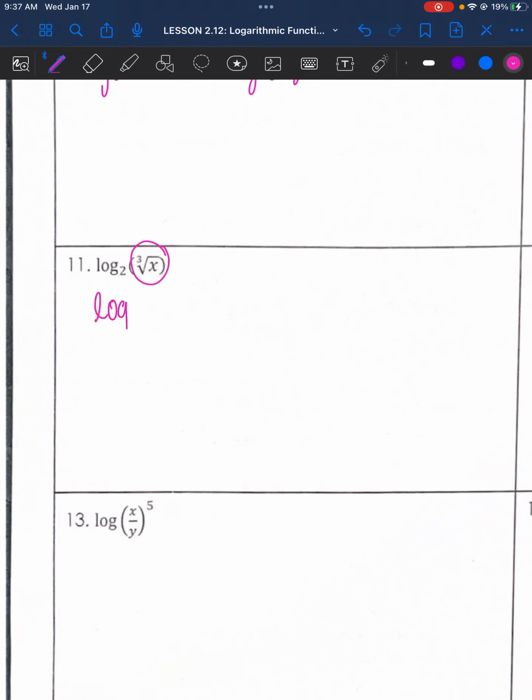So this is the same thing as having x to the 1/3 power, which is the same thing as having 1/3 log base 2 of x. All three of these logs are equivalent. If I put a number in for x and typed all three of them in the calculator, you should get the same answer.